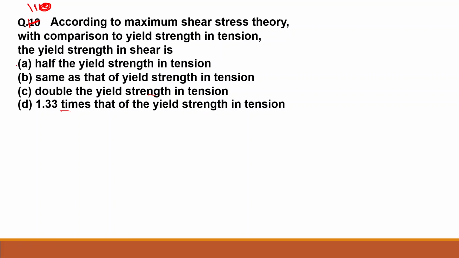Option A will be our right answer, because according to the maximum shear stress theory, the yield strength in shear is half the yield strength in tension. Not wasting any time, I will move to the next question.